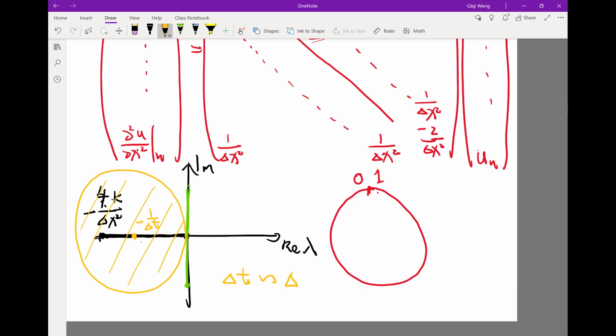The constant is not important, but what we need to know is that every time we make delta x smaller by a factor of 2, delta t has to be smaller by a factor of 4.